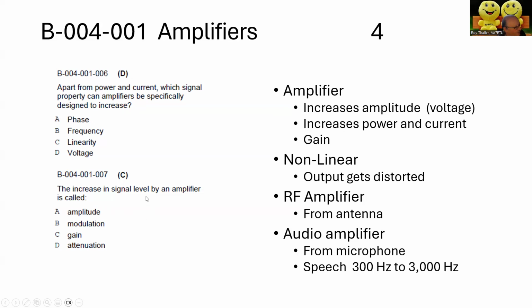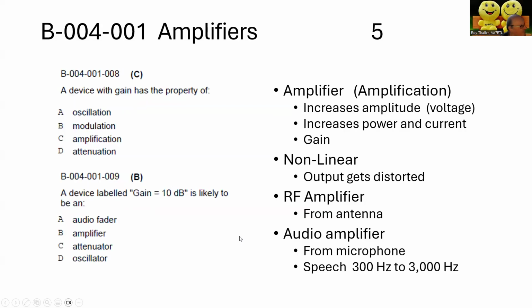The increase in the signal level of an amplifier is called... so C, that would be known as gain. A device which has gain has a property of... so again, gain is associated with an amplifier, so it's amplification. And if a device is labeled gain equals 10 dB, it's likely to be... Gain again is associated with an amplifier, and because this is a positive number, it would be an amplifier, B.